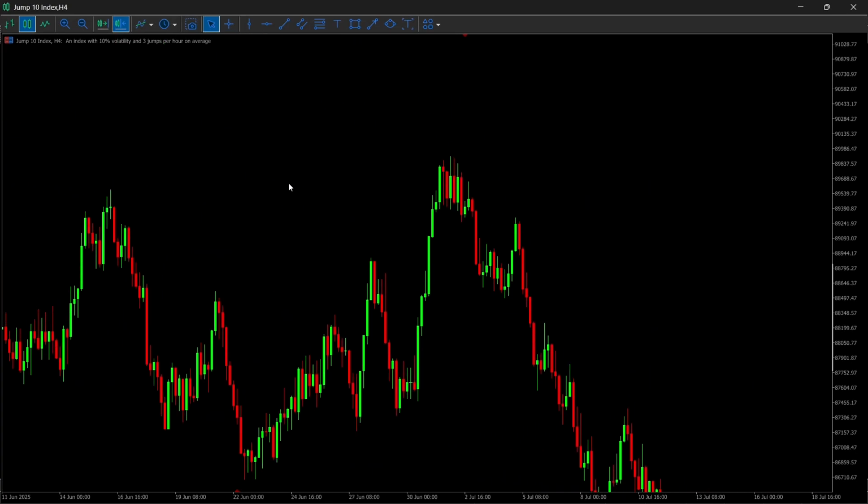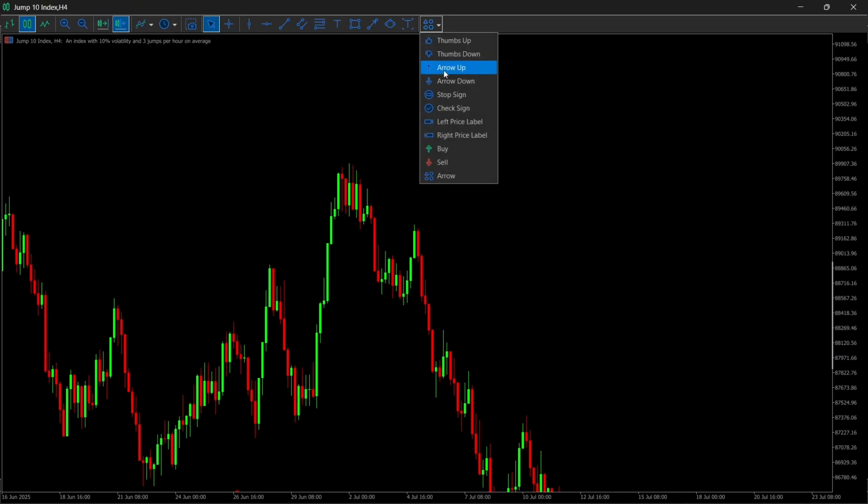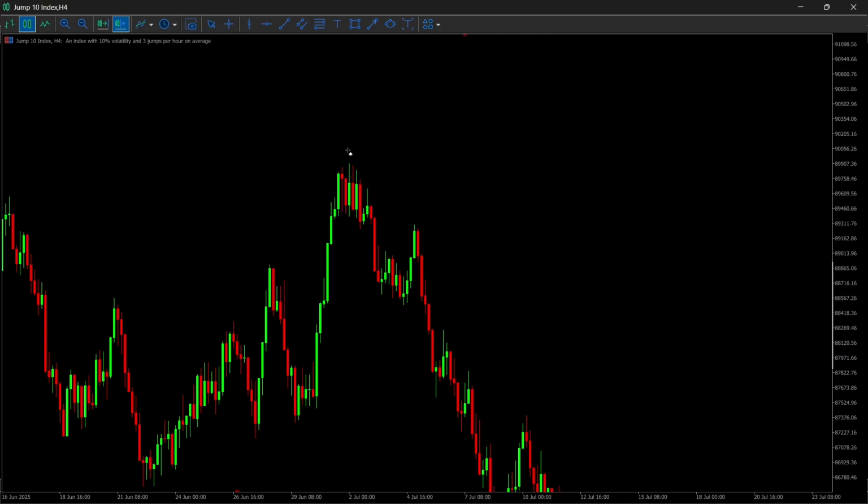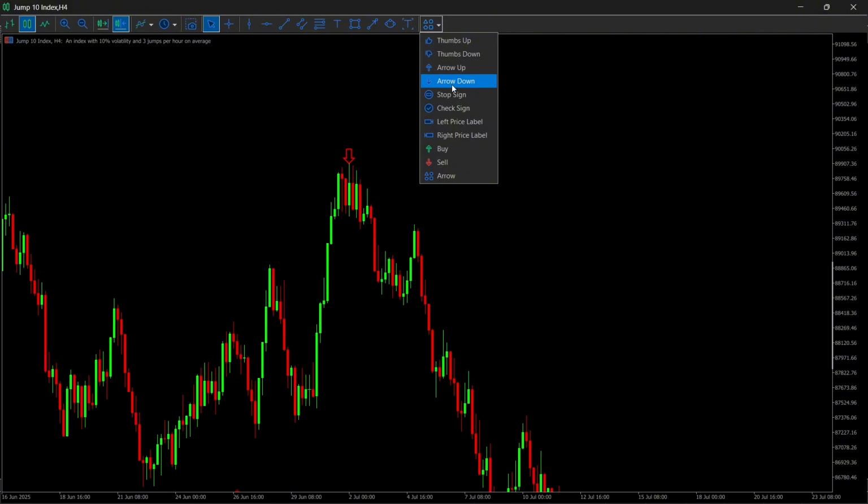Okay, good. This movement right here is a range movement or a choppy movement.